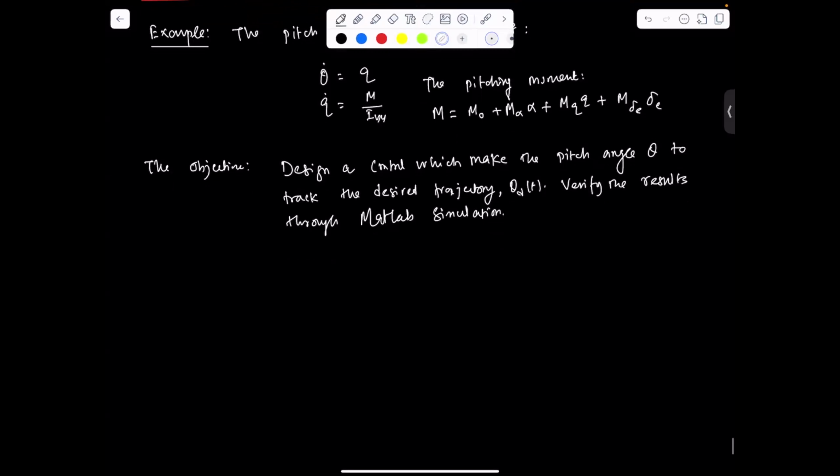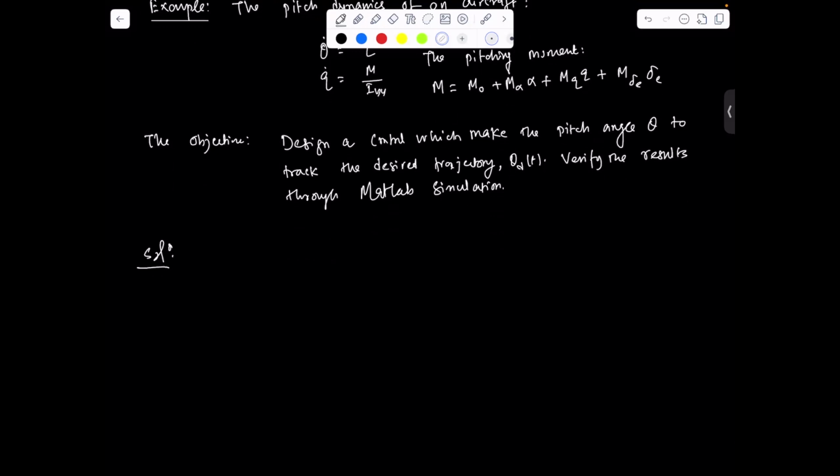Now let's go to the solution part. For simplicity, we are going to assume some values for M naught, M alpha, M q, and M delta E. These are basically aerodynamic coefficient parameters, so those parameters can be obtained through wind tunnel testing.